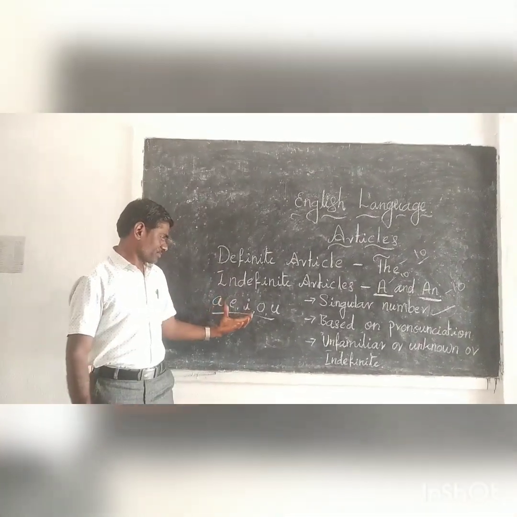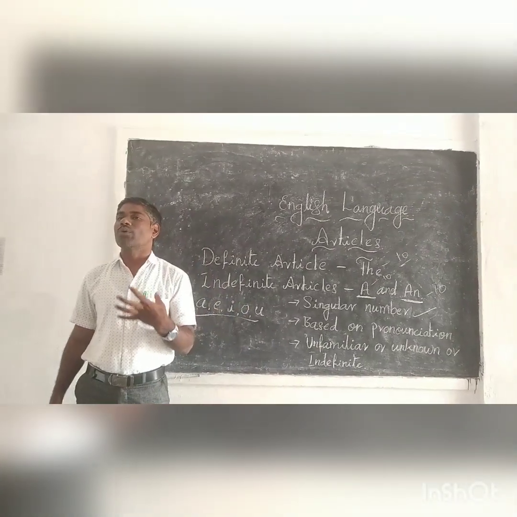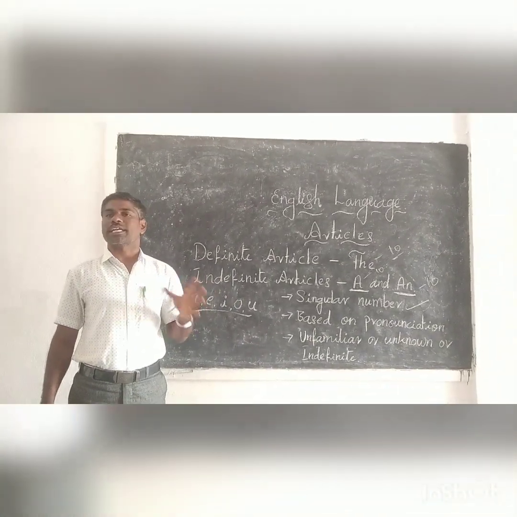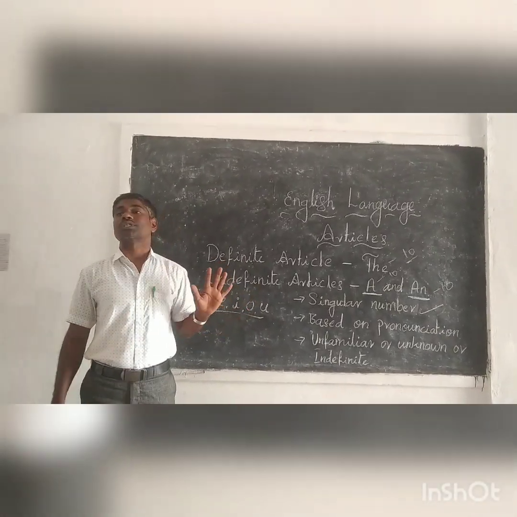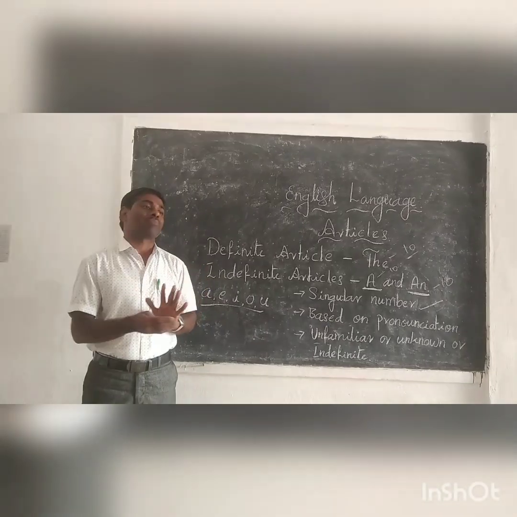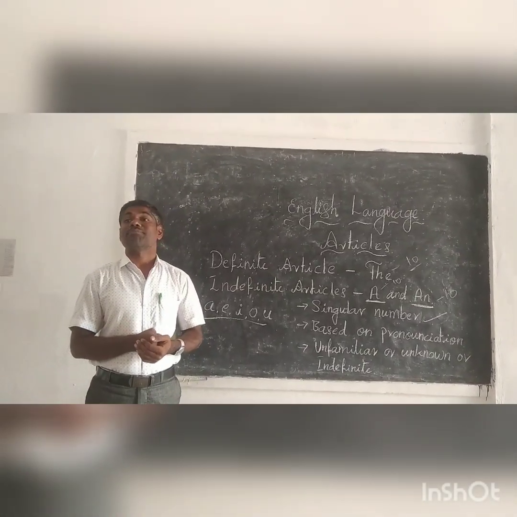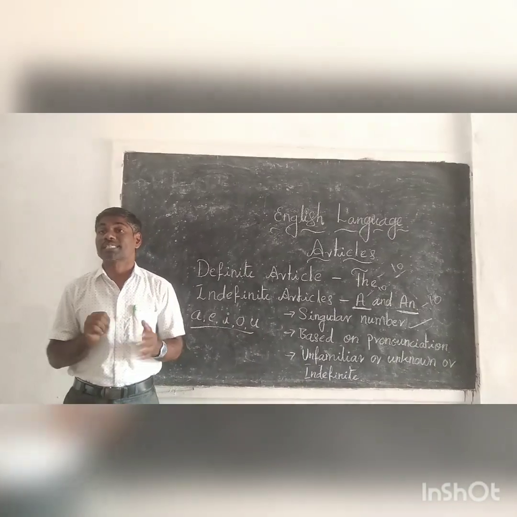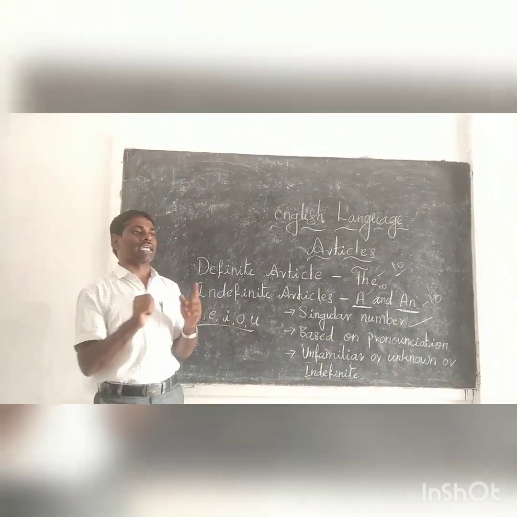So here, as you know, A, E, I, O, U are definitely vowels, but sometimes these letters are in the place of a consonant in pronunciation. Pronunciation is not a matter of an individual or single letter.